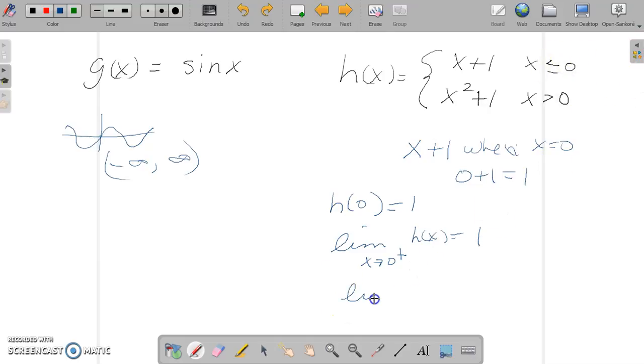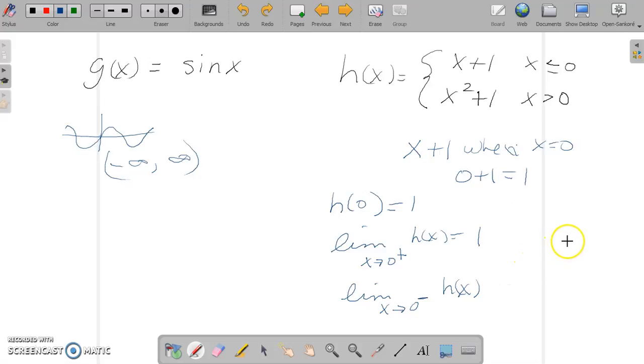Now what if I do the limit as x approaches 0 from the left? Okay? From the left, that's less than 0. So we would use this function. If I plug a 0 in and I square it, I'm going to still get 1, right?